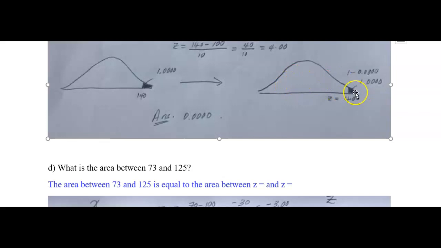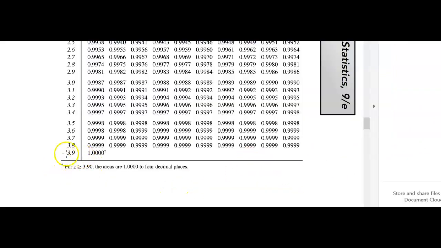So that means we have nothing on the right side. It's a little bit strange when we start doing the normal distribution, but it gets better. To the left of 3.9 you have the whole area, 1. You can't get any bigger than 1. That means to the right side of it, you don't have anything.